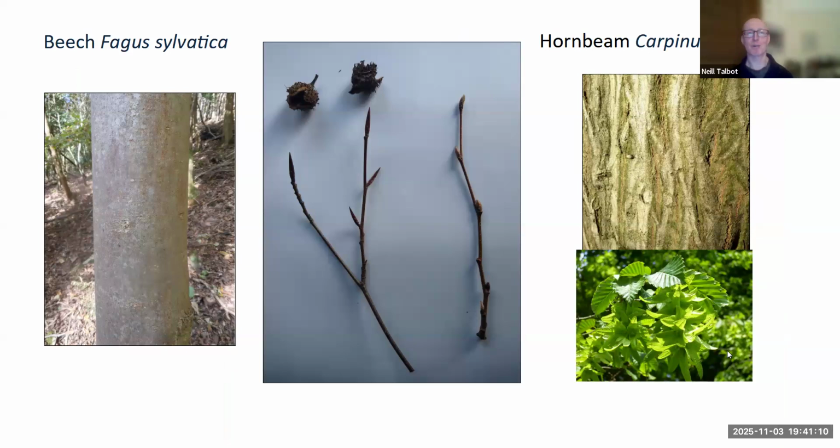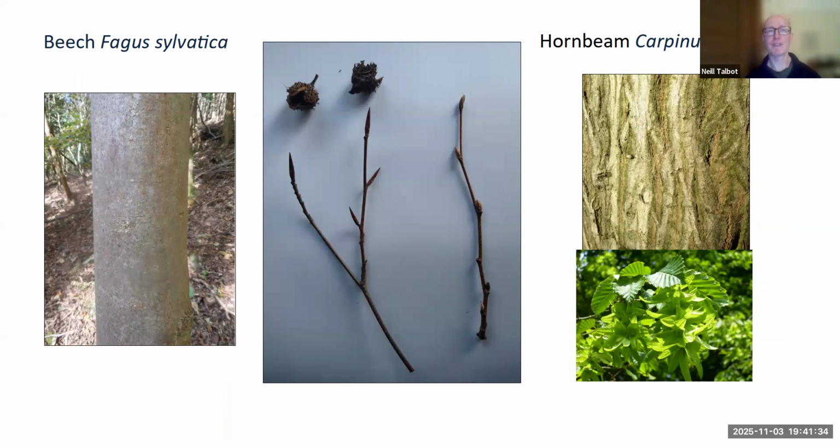The next ones I'll look at are the two native species that are closely related from the beech family: beech, Fagus sylvatica, and hornbeam, Carpinus betulus. They are closely related, but they're not the same genus.